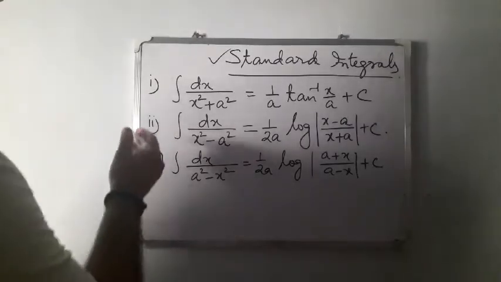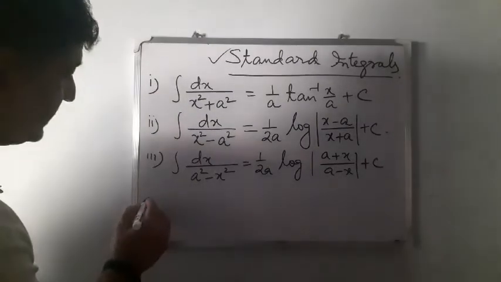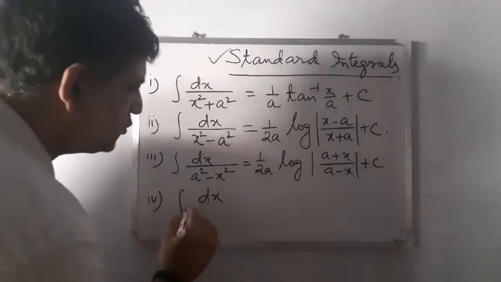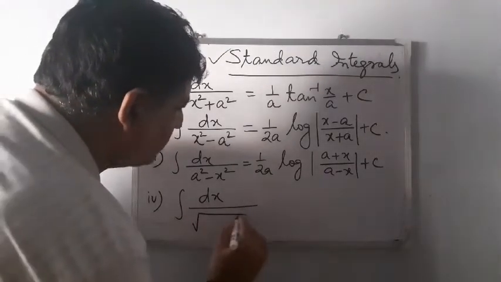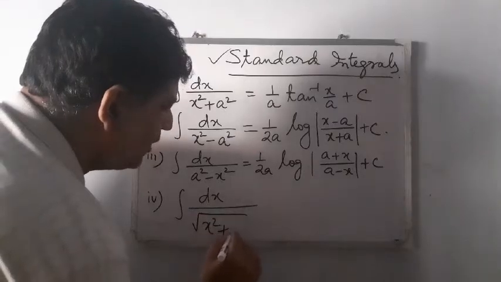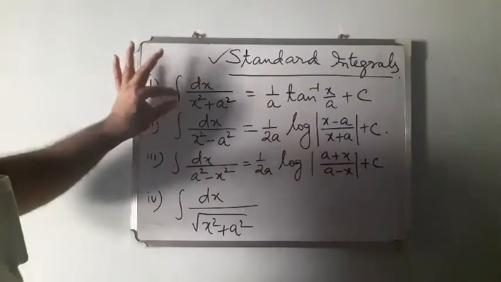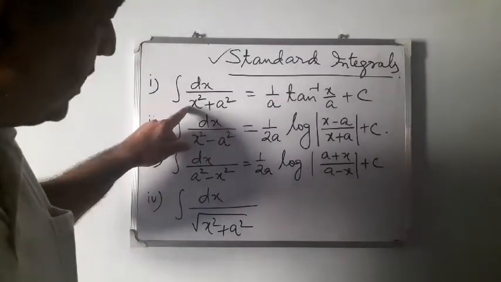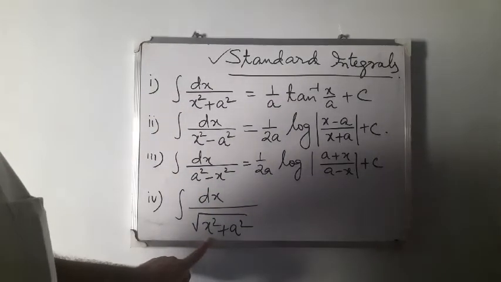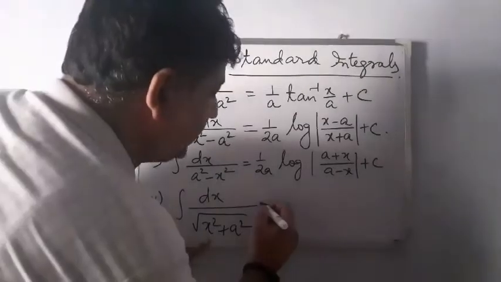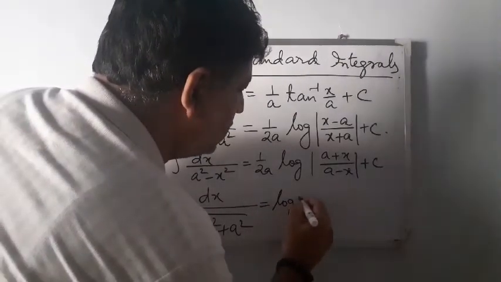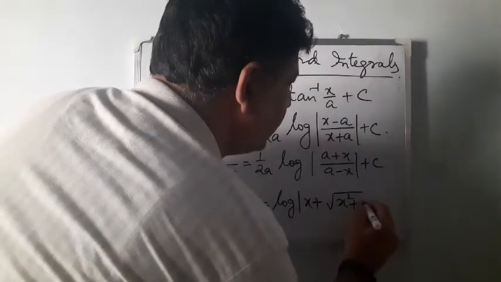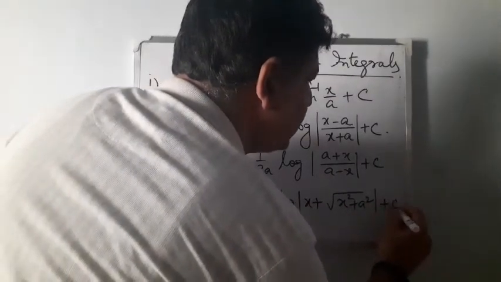Again, we have formula number 4, that is integral dx by root over x square plus a square. What we have written without radical sign, that is x square plus a square, the same quantity is written here with radical sign, and the formula will be log mod (x plus root x square plus a square) plus c.